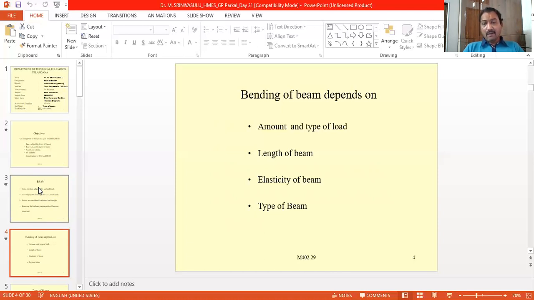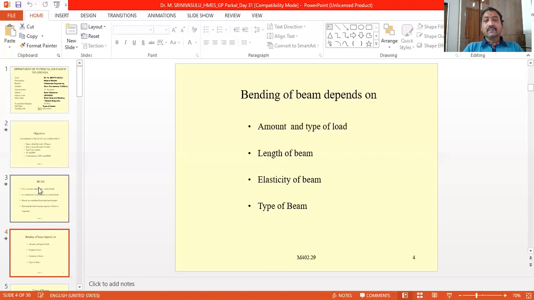If the load is more, it produces more deflection and more bending action. If it is a steadily applied load, the bending action will be somewhat less. If it is a suddenly applied load, it produces more bending action.